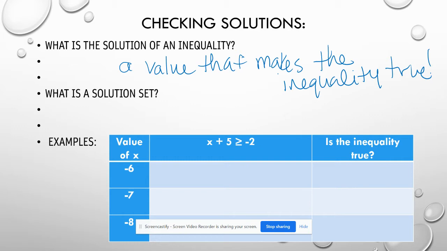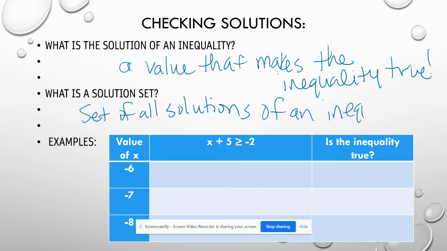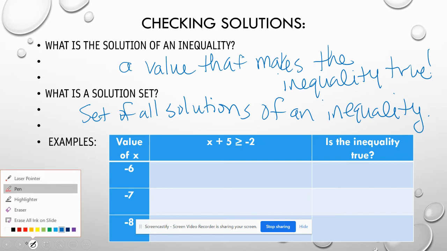It's just that inequalities can have solution sets. So a solution set is the set of all solutions or possible answers of an inequality. So let's look at this table of examples.